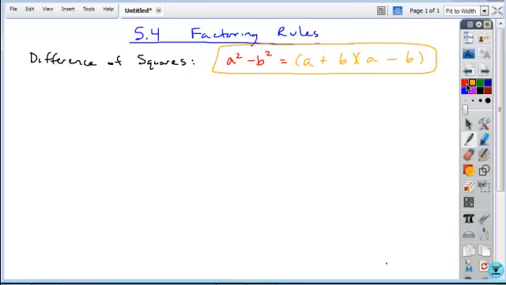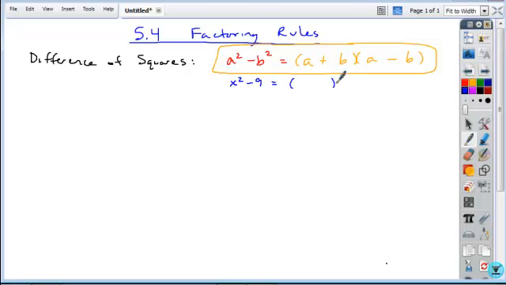Okay, so again, let's take a look at some examples of what this looks like. From the most basic form, it looks something like this. You have the difference of two squares here: the base of x squared minus the base of 3 squared.